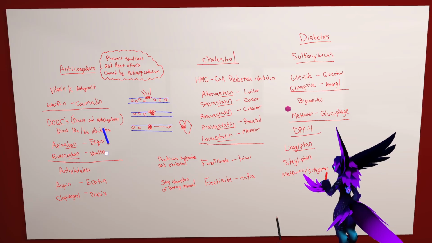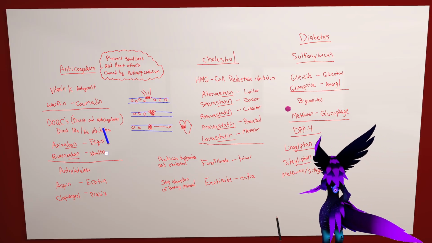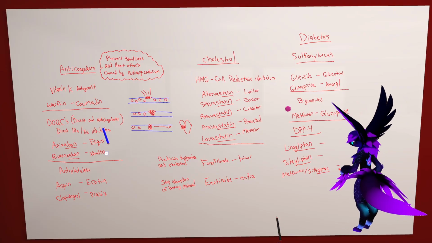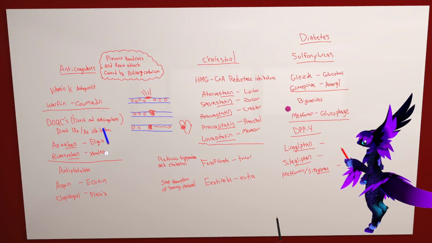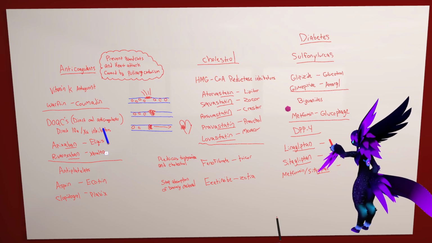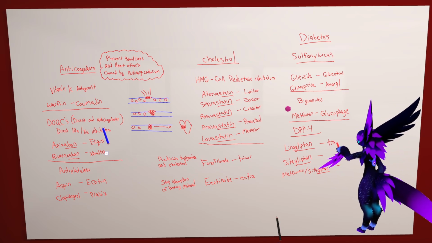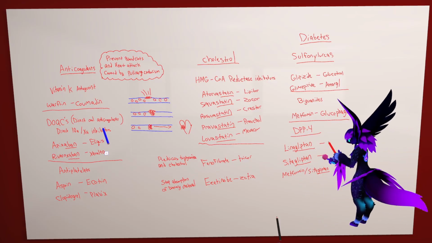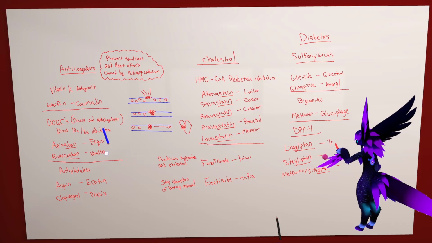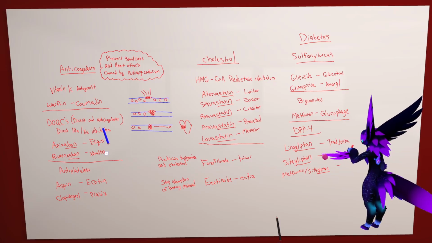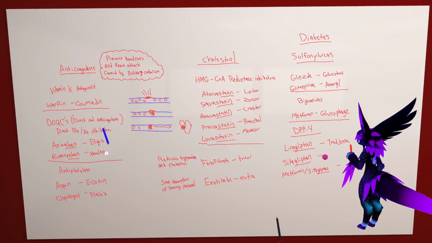And these are way easier to say if you don't say the names, except metformin. Metformin is an easy name to say. That one's pretty neat. But the brand names for these are Tradjenta.